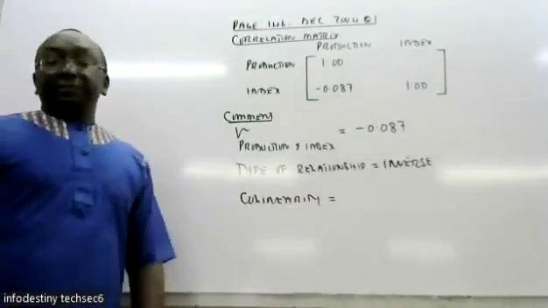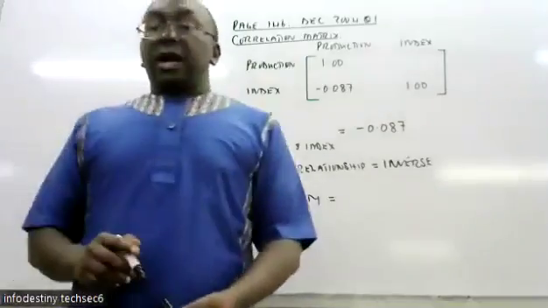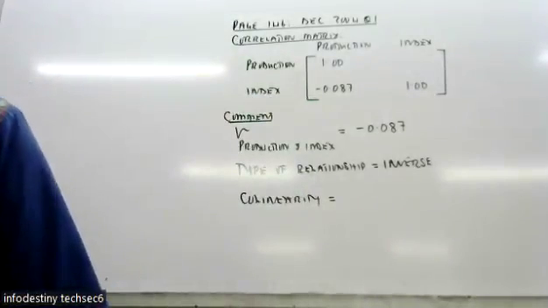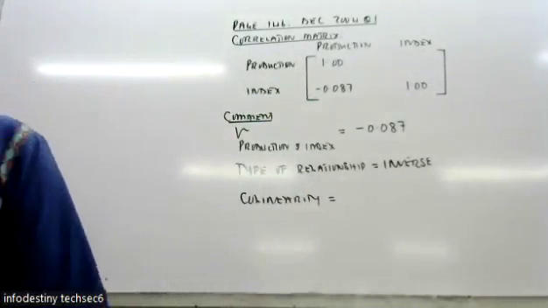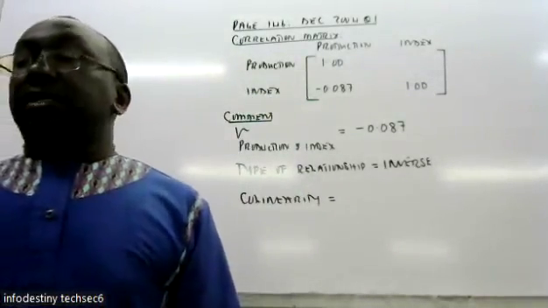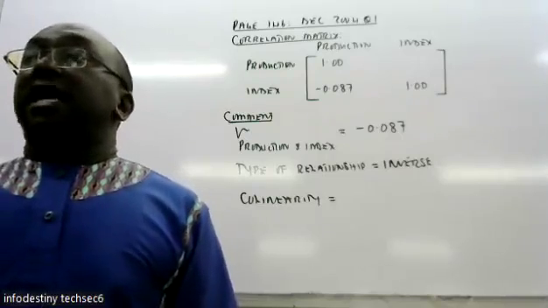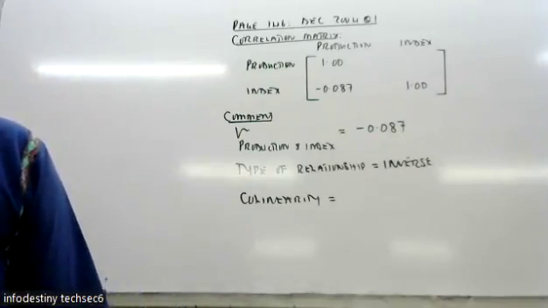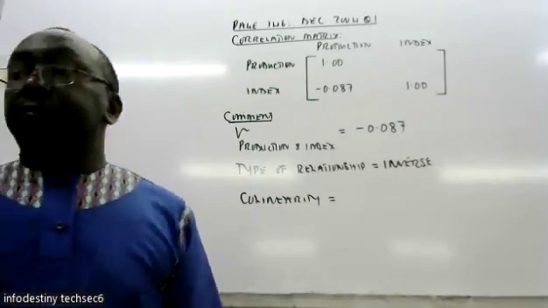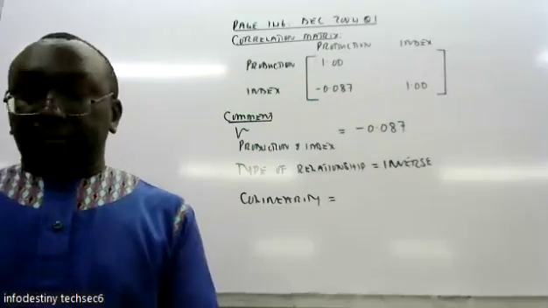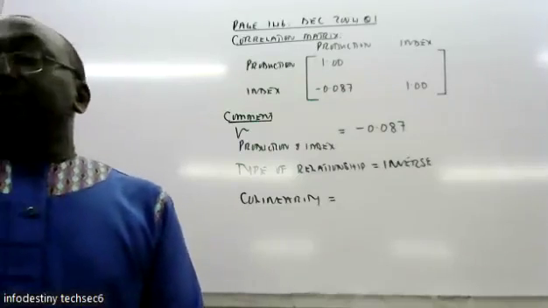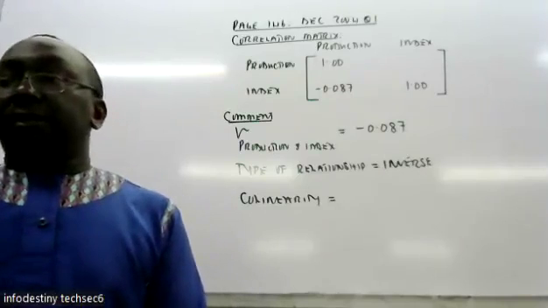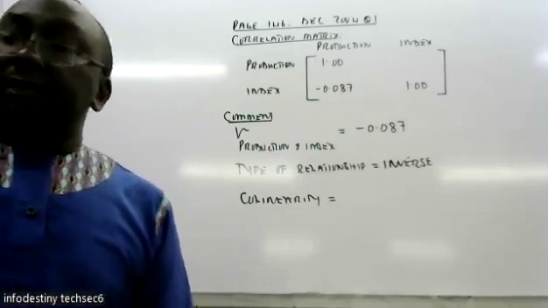Okay, collinearity. I want you to look again at assumption number 6. We said the variables are said to be collinear or to influence each other if the correlation coefficient is what? Greater than?